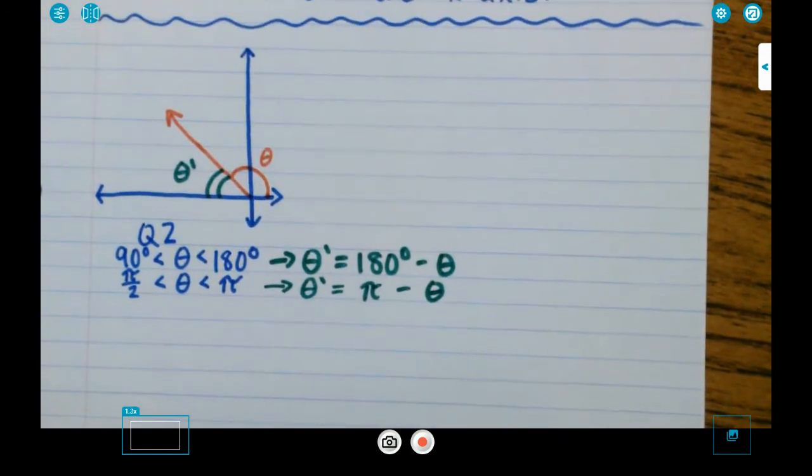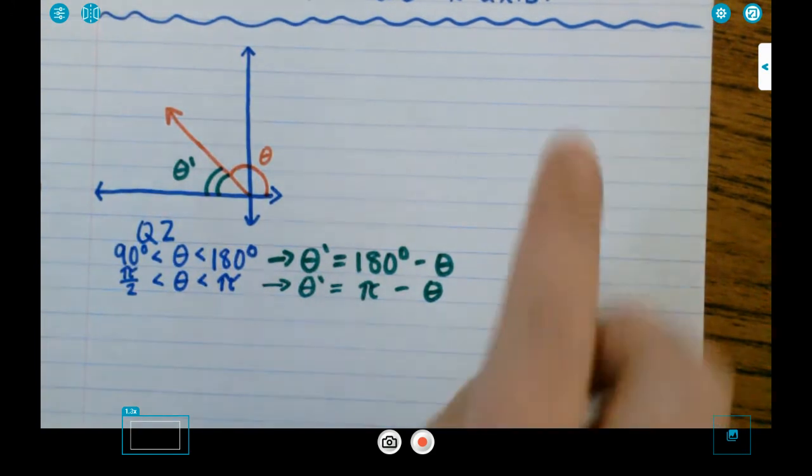So those are our rules if we are in quadrant 2. And we're going to have a different rule for quadrant 3 and a different rule for quadrant 4. But that is our rule for quadrant 2. Okay, so that's our rule.